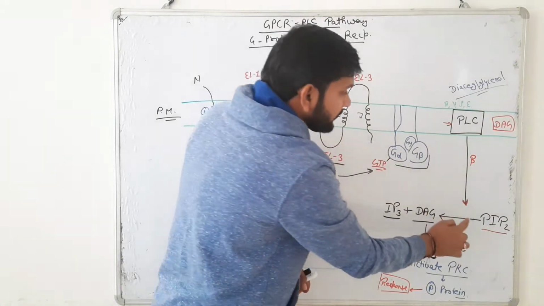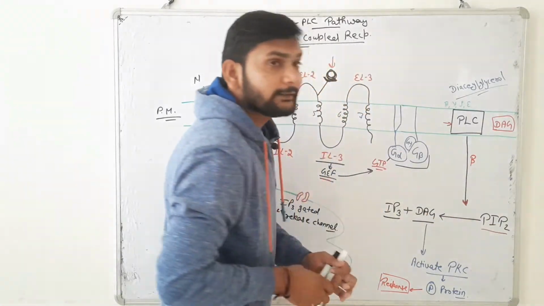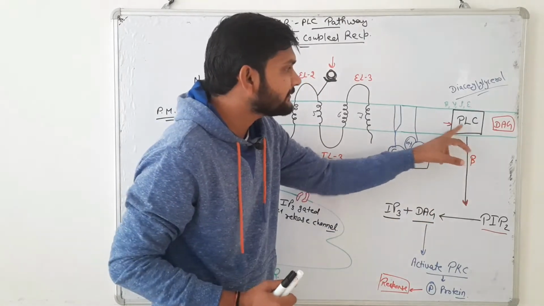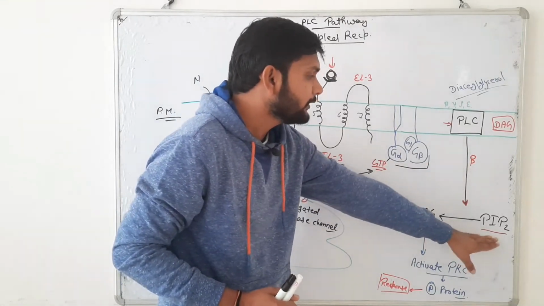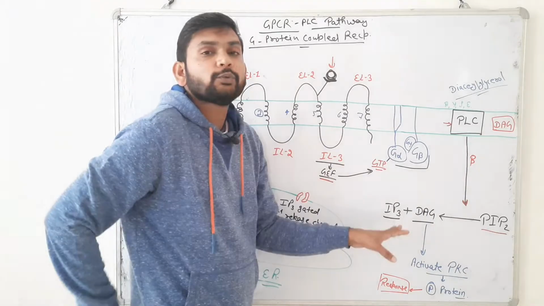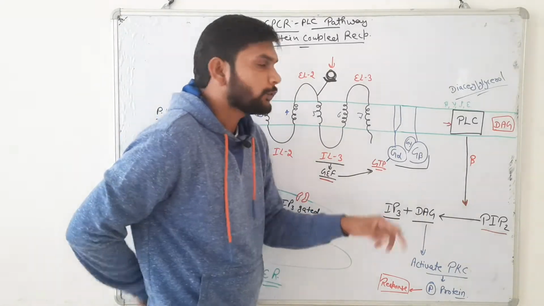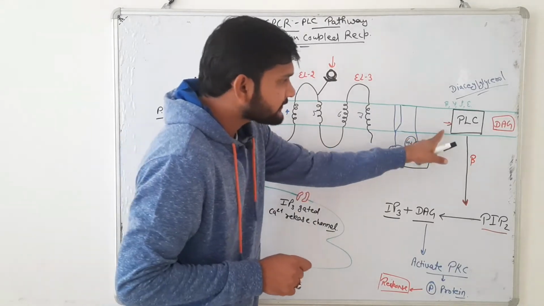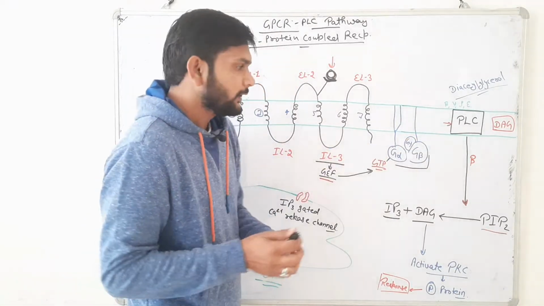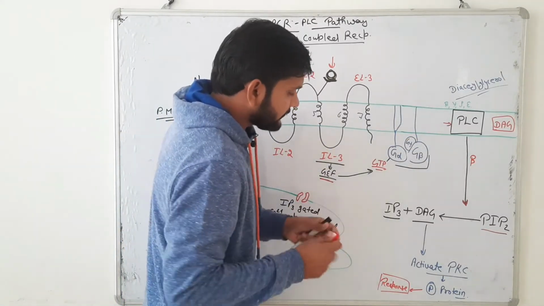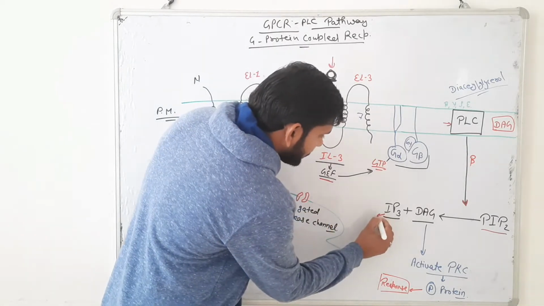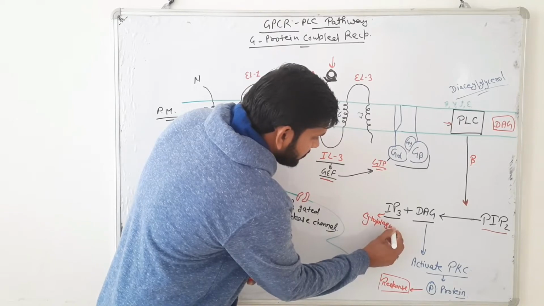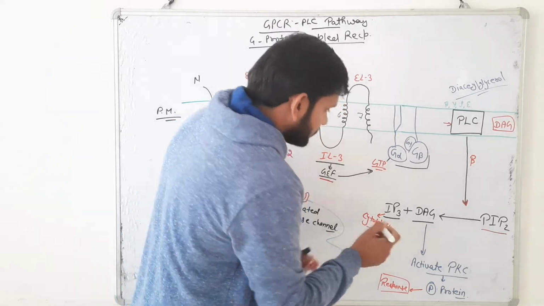PIP2 is in the plasma membrane, and PLC is in the plasma membrane. So PLC beta converts PIP2 into IP3 and DAG. After the conversion, IP3 gets released into the cytoplasm.